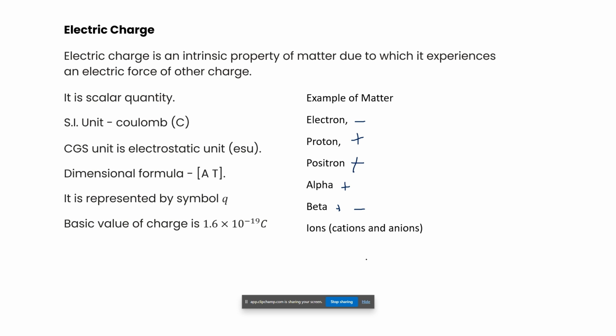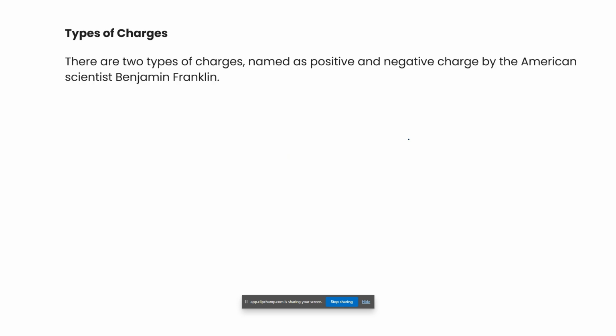So how are the charges named positive and negative? So the types of charges. There are two types of charges, positive and negative, named by the scientist Benjamin Franklin. While studying the charge or property of matter, they found that some charges repel each other and some charges attract each other.